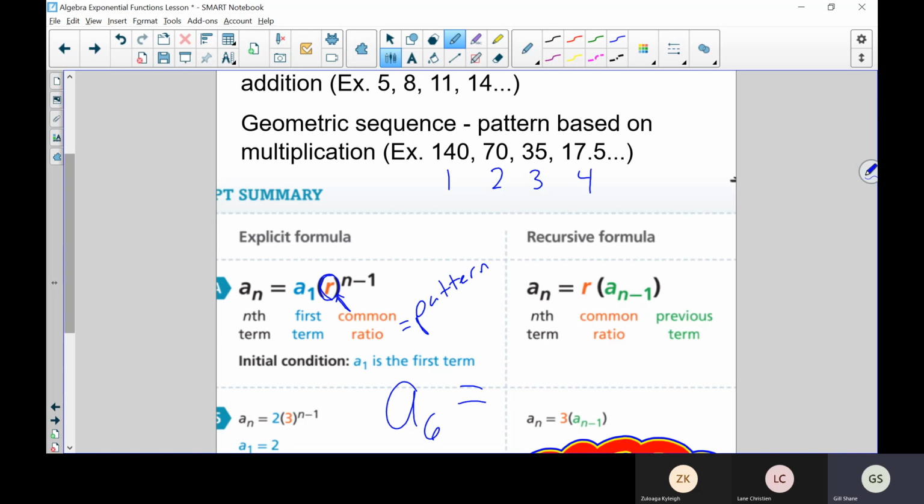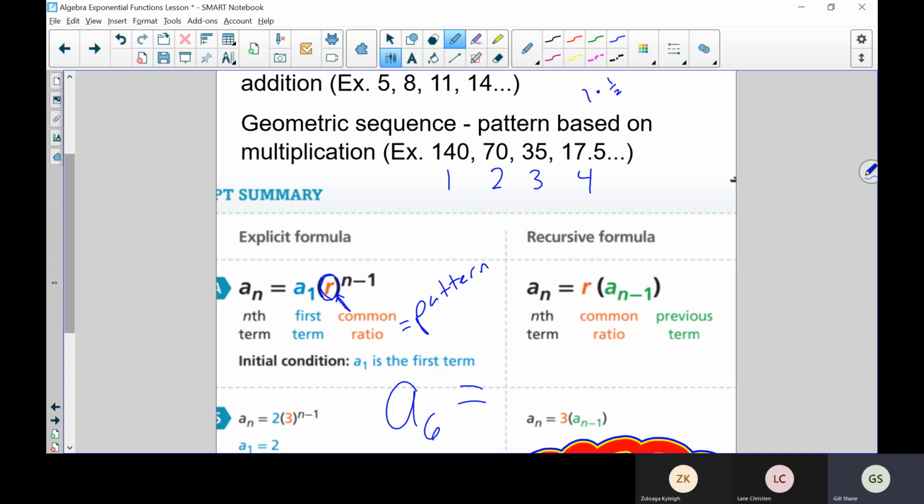Multiply. Multiply by 0.5. Multiply the fourth term. I need to multiply 17.5 times my pattern, which was 0.5 or 1/2. That'll give me the fifth term, the next term.